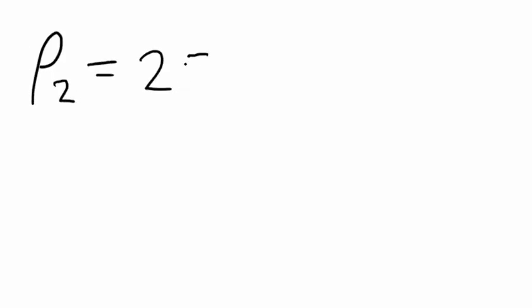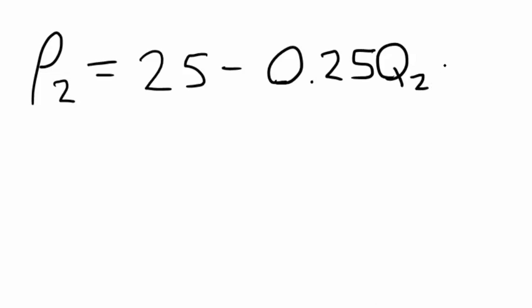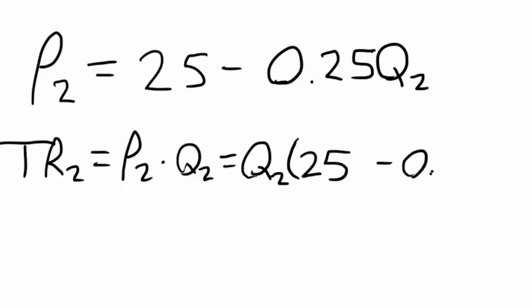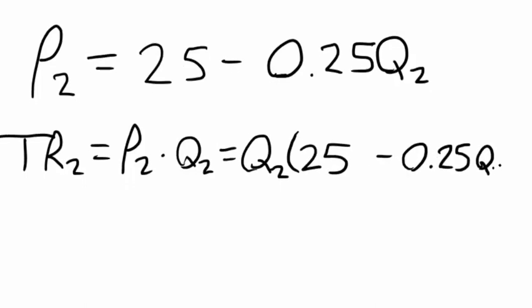Now we look at our price-sensitive group, or P2, which had a price function of P2 equals 25 minus 0.25 Q2. To get to marginal revenue, we first need total revenue. Total revenue is P2 times Q2, so it's Q2 times 25 minus 0.25 Q2.